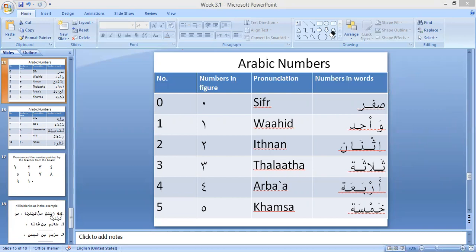These two figures, 1 and 2. What is this one called? It has a name or a terminology in math. Counting numbers.